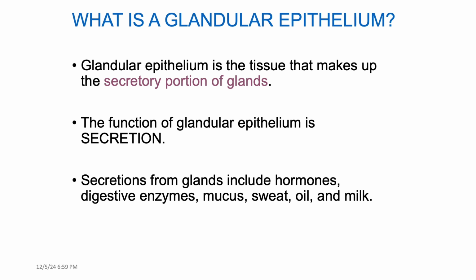So glandular epithelium is the tissue that makes up the secretory portions of glands. The function of glandular epithelium is for secretion, and secretions from glands could be in the form of hormones or enzymes. Okay, even sweat is also a type of secretion.